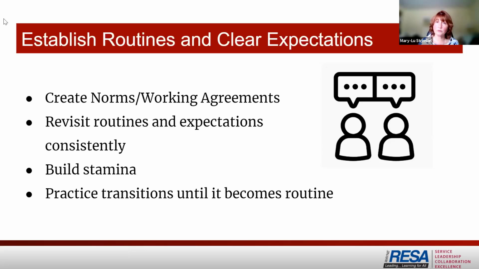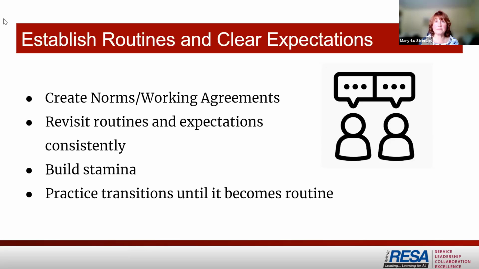In order for flexible grouping to really be effective, we have to make sure that we're having co-created norms and working agreements. So really asking our students, think about a really productive time that you were given to collaboratively work with peers. What worked really well, and leaning into what they know is good for their learning styles.